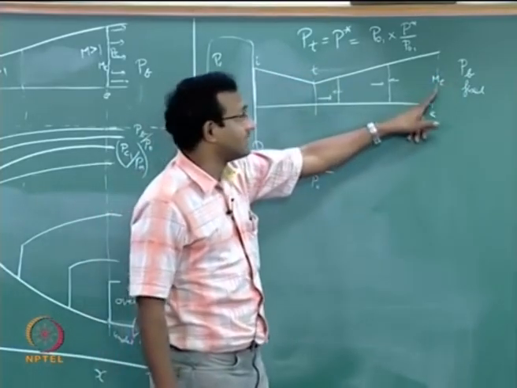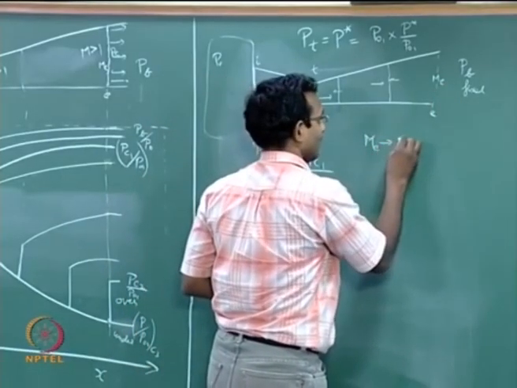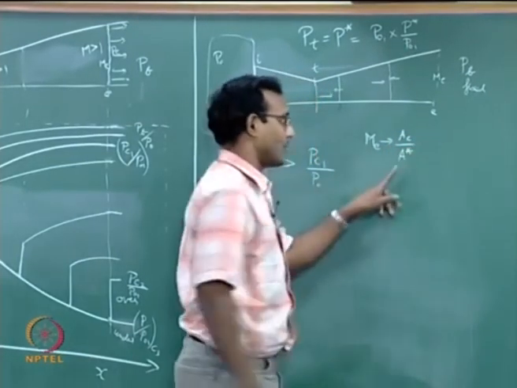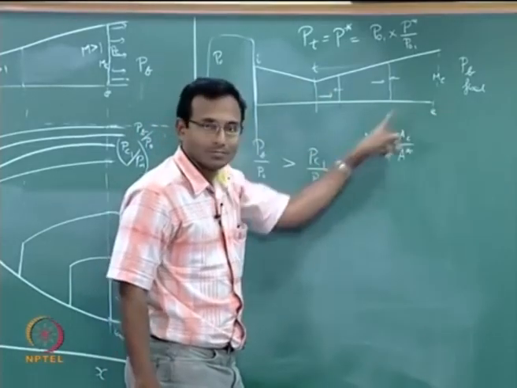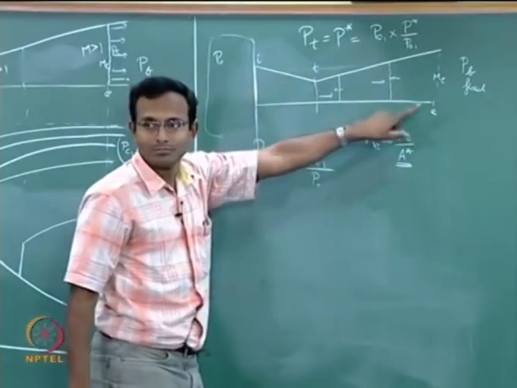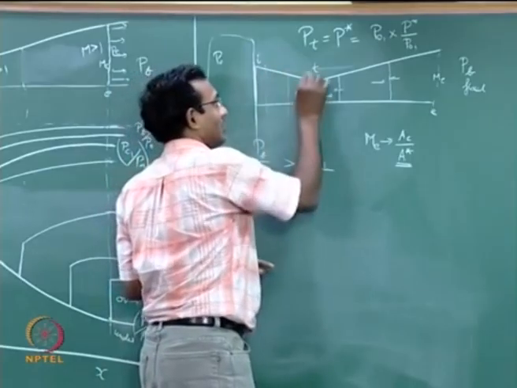Once I know M at exit, that will give me my AE by A star. Mind you, A star need not be the same as A throat because it is not yet choked. So I will find my A star for this particular flow. Once I find that, I have different areas in this nozzle.